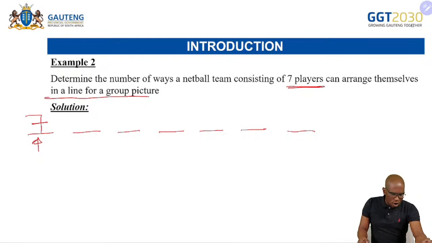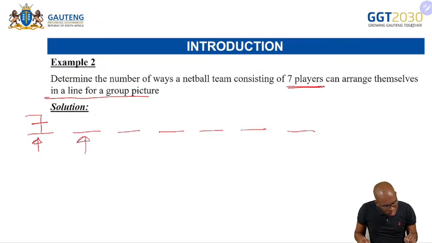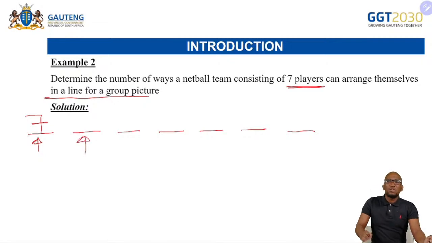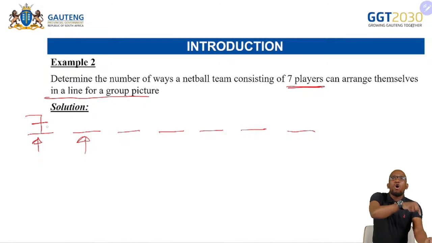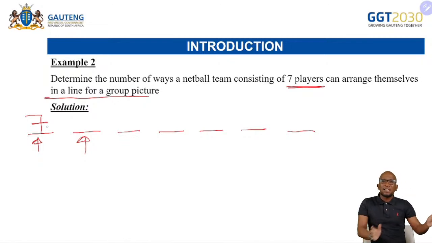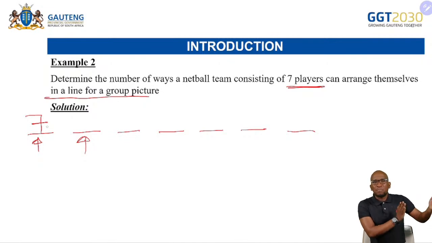Now, when we move on to the second position, we ask ourselves, how many options do I now have? Now, learners, you see that you've already used 1 option. For the first position, I wrote 7. The 7 does not mean that I will put all 7 of my players in that position, but it means I have 7 options of filling that position.